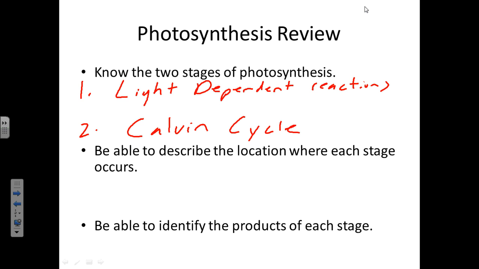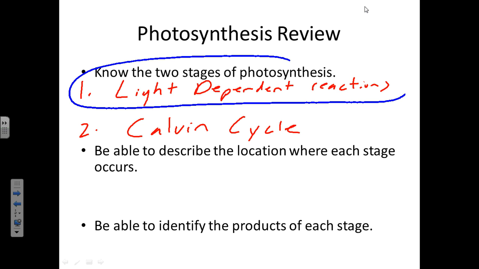Now, the next step says be able to describe the location where each stage occurs. Now, let's start big picture first. The light-dependent reactions. If we're starting like big parts of a plant, where does that happen? Yeah, bigger. Smaller. The leaf. Okay?